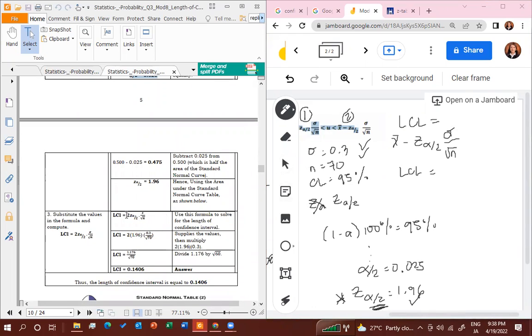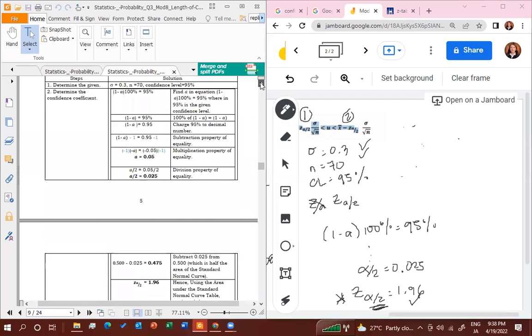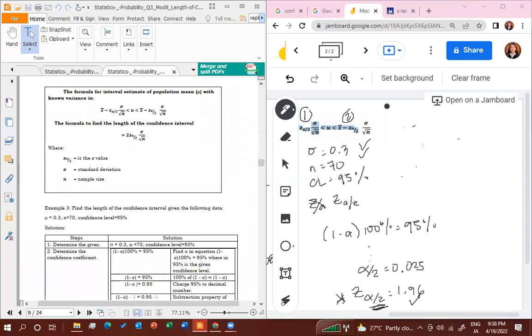Wait, no, I'm sorry. It's looking for the length, di. So it's not looking for the lower confidence limit. So sorry, let's erase this. It's not looking for this, it's looking for the formula number 3, which would be this one. The 2z alpha over 2 sigma over root n. So length.